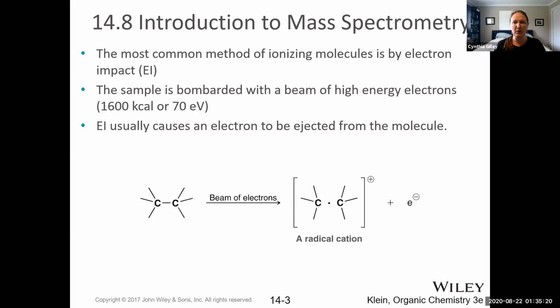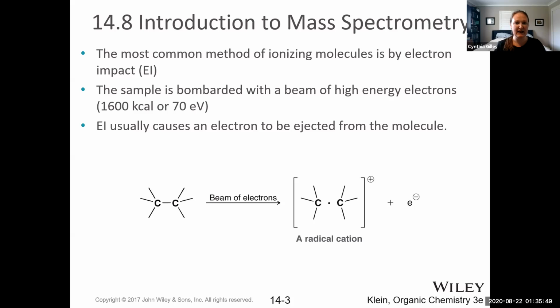Some of them are more damaging than others, meaning it's called a harsh method of forming an ion, where the ion also gets a lot of energy and then can fragment. EI is the most high energy form of forming the ions, and therefore it is subjected to the most fragmentation that we'll talk about.